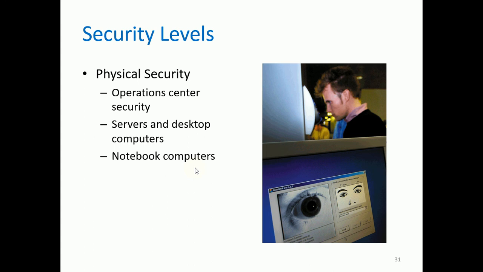For notebook computers, sometimes there is a lock. Since a notebook computer is portable, for example in your company, security officials will check whether you are allowed to take company notebook computers home. Do you have permission? That is an example of the physical security level.